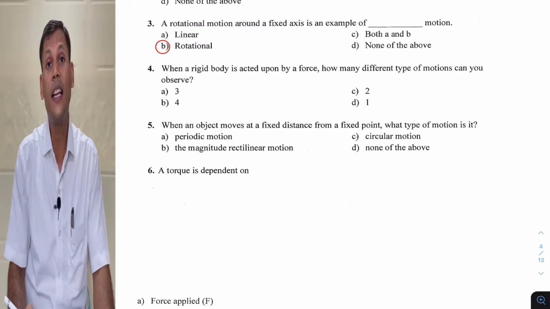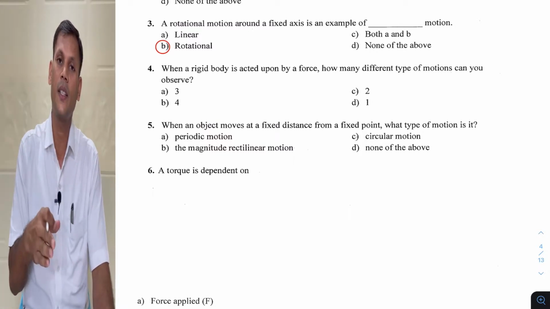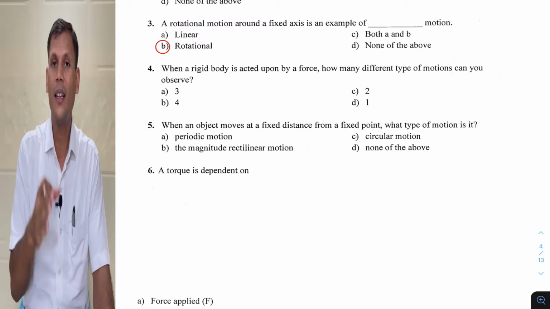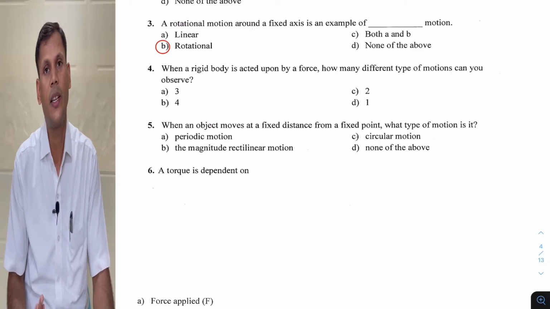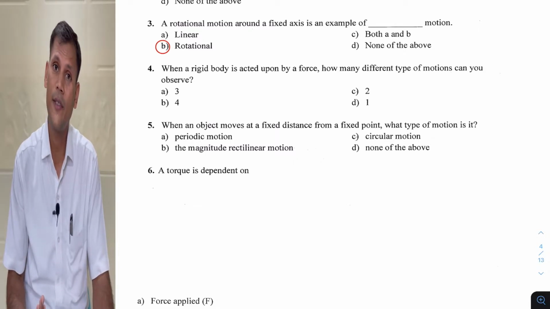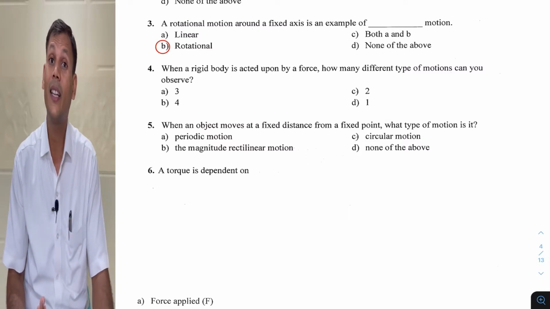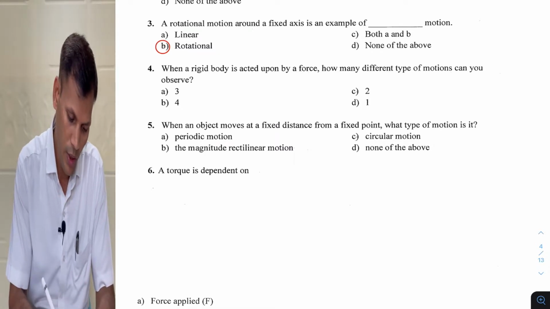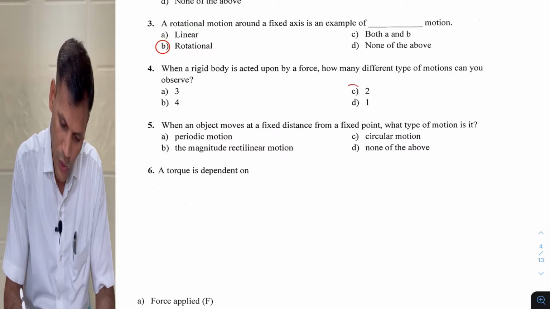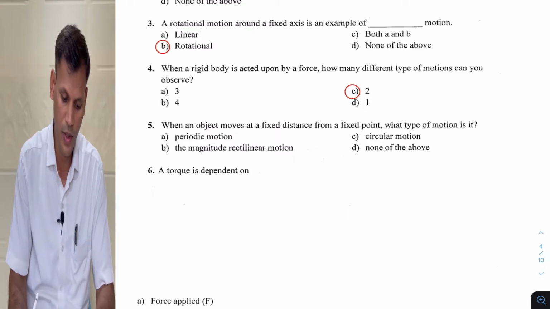And second is linear motion. When one end of the door is fixed, the other end can move. So we can simply say translational as well as rotational motion. When force is applied on any body, it can have two kinds of motions: one is translational, another is rotational. Different types of motion may occur over here.